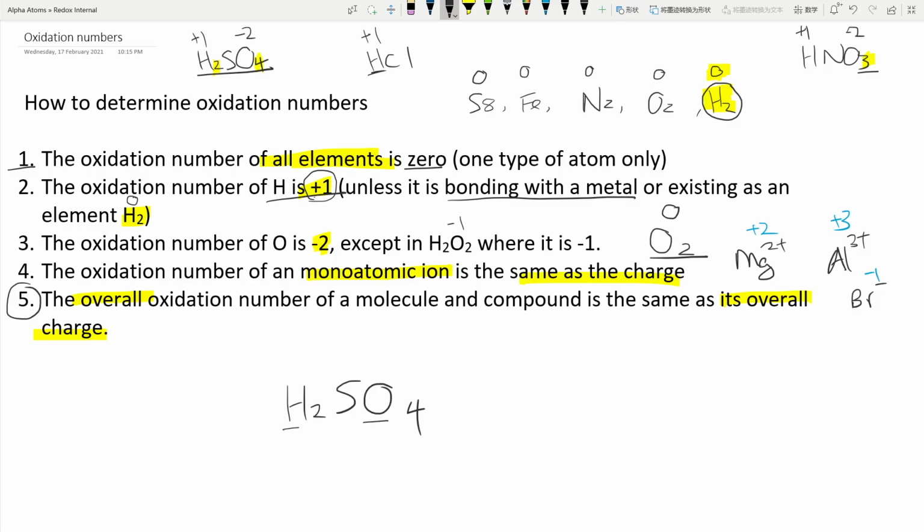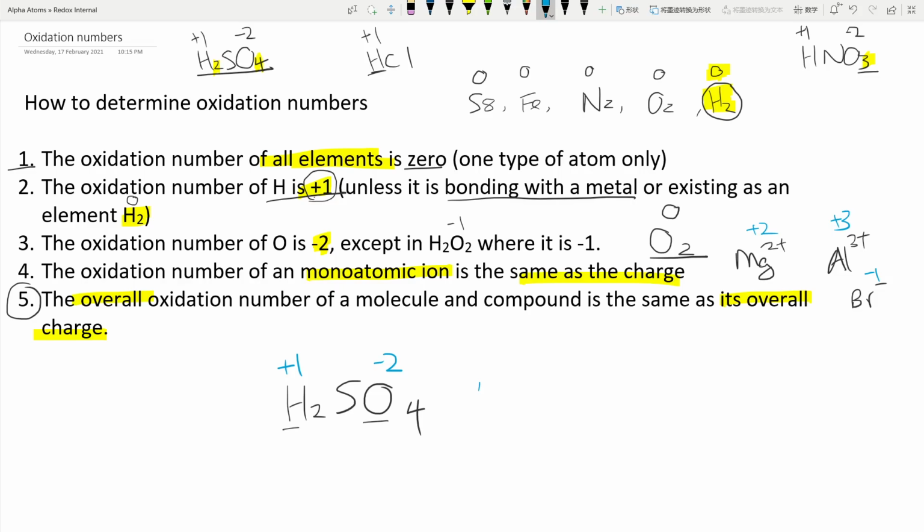Okay, so how do we know if it's a redox reaction? If a specific element's oxidation number changes. Okay, so if we look at this, what's the oxidation number of, let's do a different pen. So rule number 2, H is always +1, rule number 3, O is always -2. Now this is when you just need to substitute numbers in.